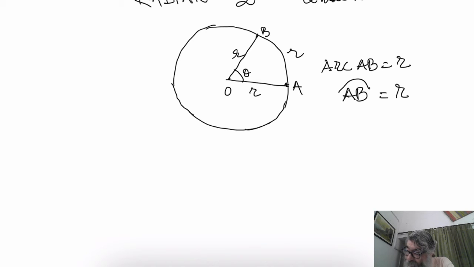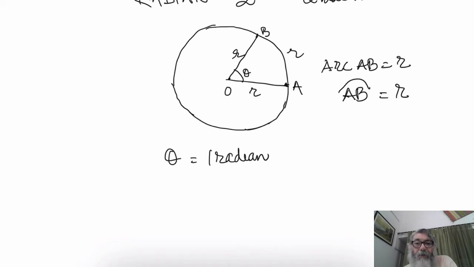Then this angle theta is called 1 radian. This is called 1 radian. It is the angle formed by an arc of the same length as the radius of the circle.